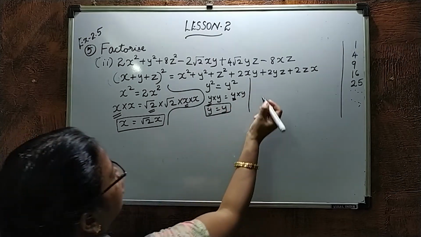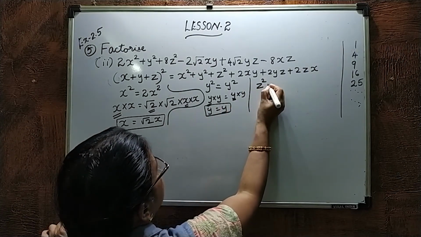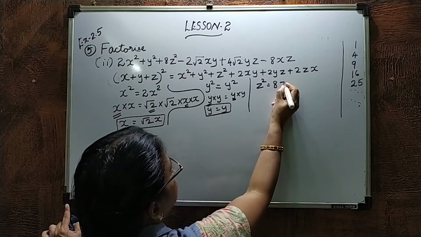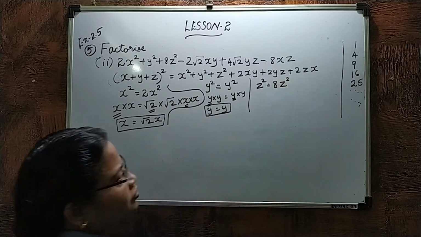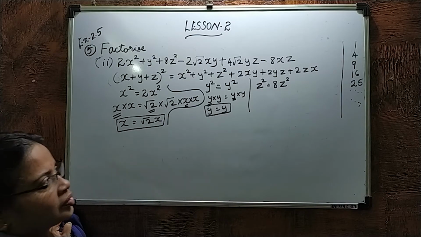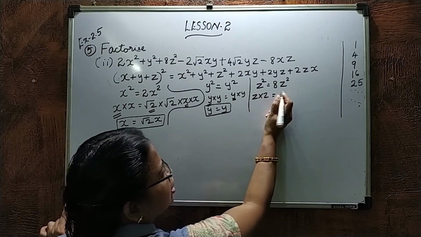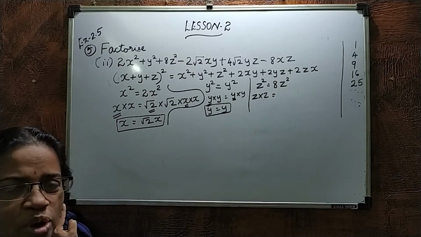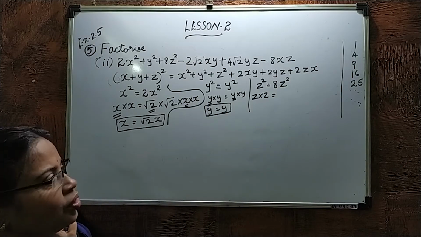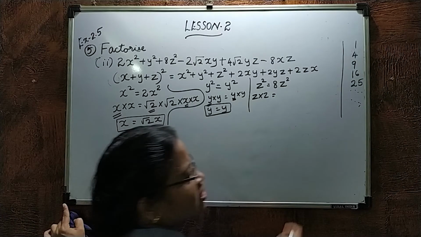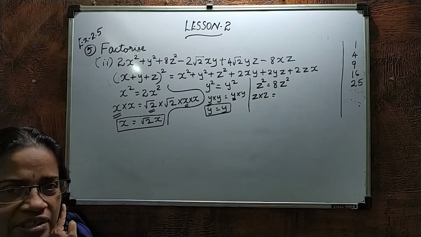What is z square? It is z square is equal to 8z square. Then what is it? z into z, you will get, what about this 8? Is 8 a square number? No. Here, just look, 9 is a square number, not 8.